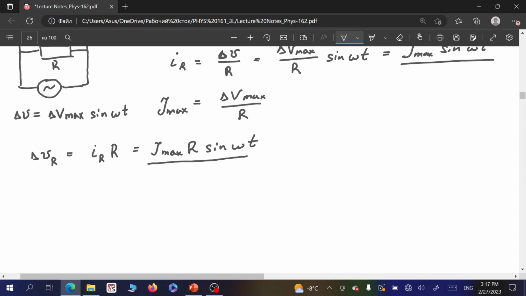In this particular case, when we deal with an active resistor, we want to deal with the electric power dissipated in the form of heat over the active resistor. And in this case, it will not depend on the direction of current, it depends only on its magnitude. What is the reason for that?